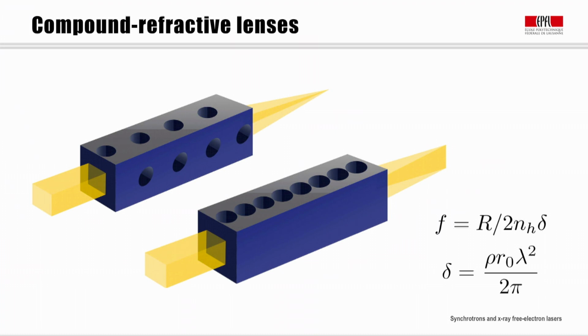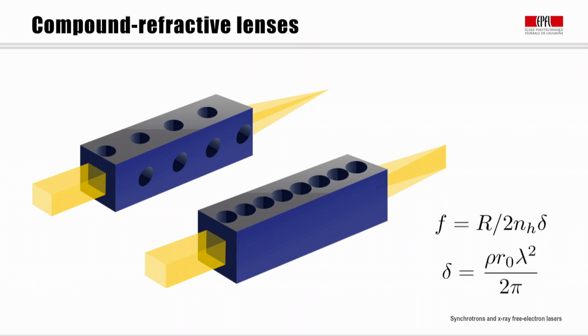CRLs have the advantage that they are easy to align in the X-ray beam, they don't divert the beam axis, and elements can be stacked after one another to change the focal length. Their main disadvantages are, A, that the focal length is proportional to the square of the X-ray photon energy, which means that they must be repositioned, restacked, or replaced if the photon energy has changed, and B, that the transmission is in general fairly poor.